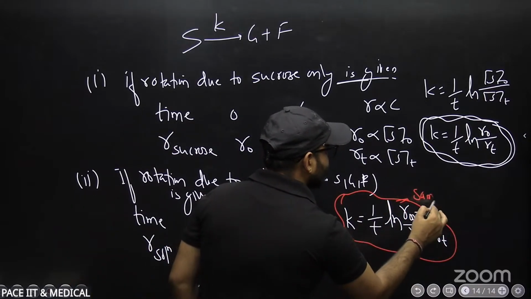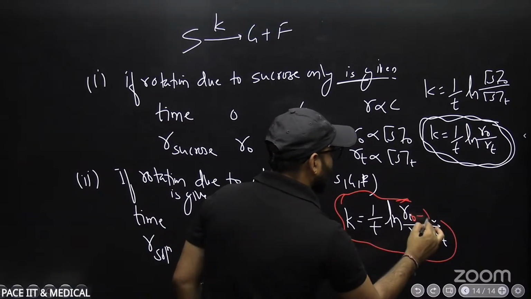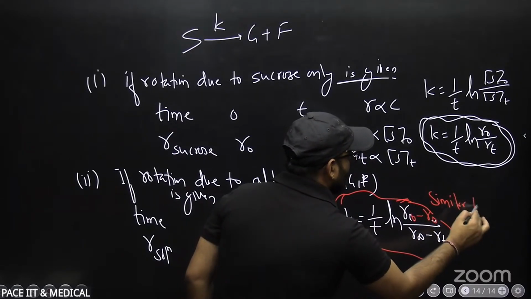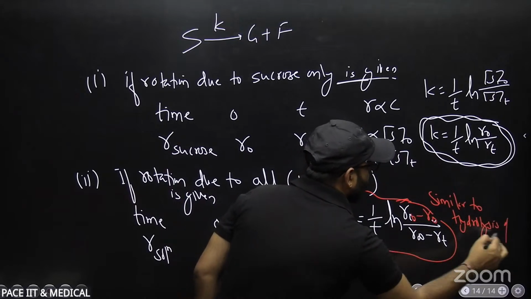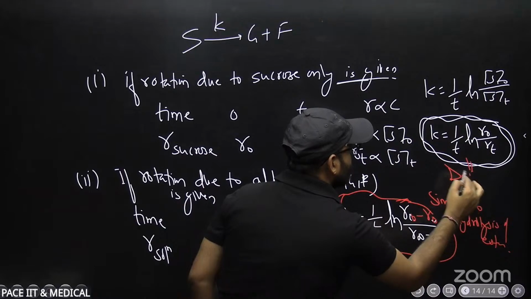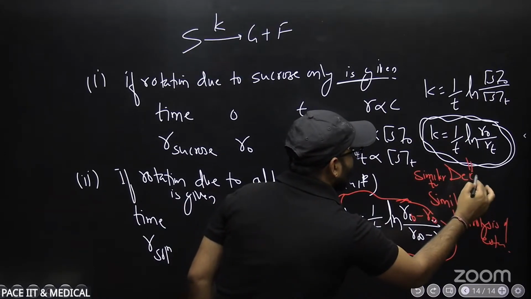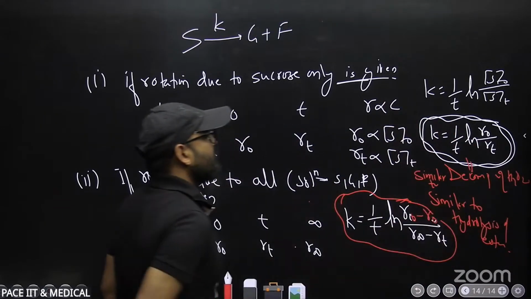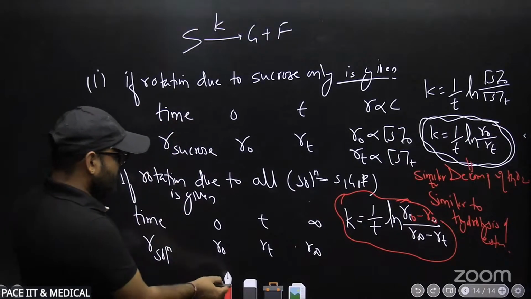It is similar to hydrolysis of ester, and this is similar to decomposition of H2O2. You don't have to remember 4 formulas, you just have to remember 2 formulas, and then you can get the answer.